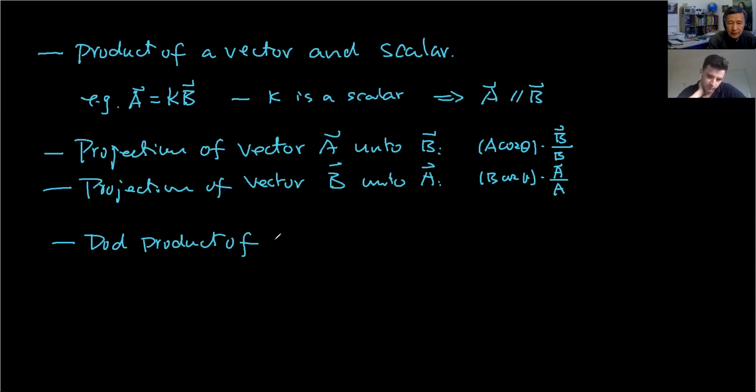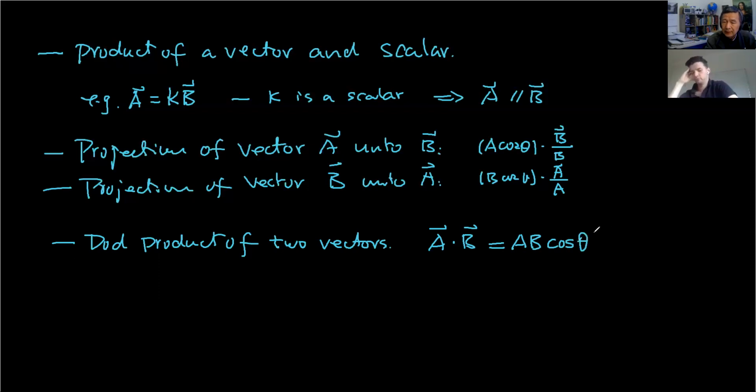Of two vectors. So we have A dot product B. By definition, it is simply equal to the magnitude of A multiplied by the magnitude of B, multiplied by cosine theta, which is a scalar.